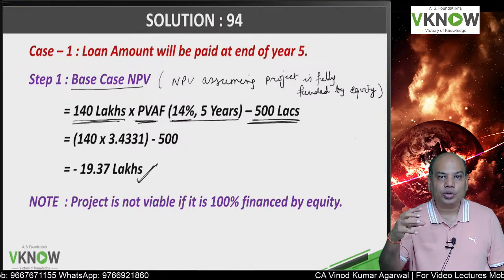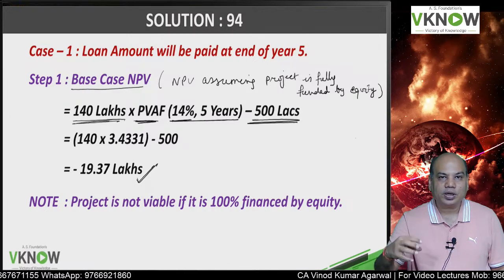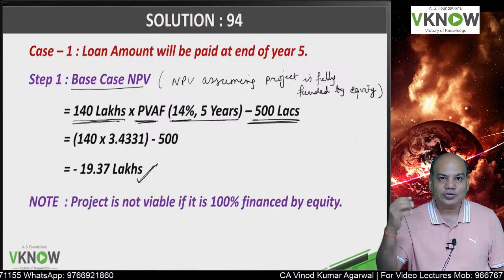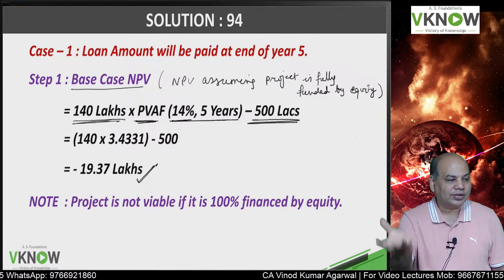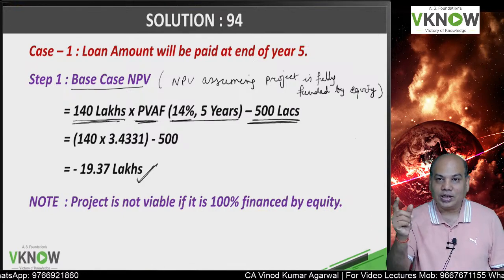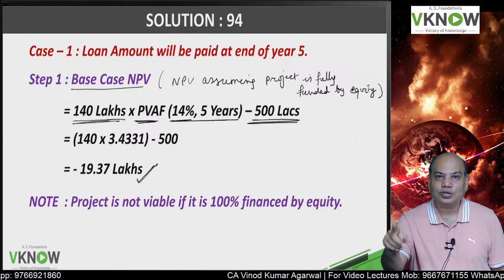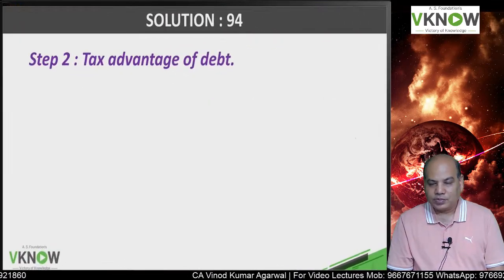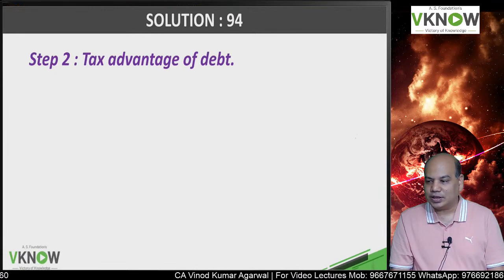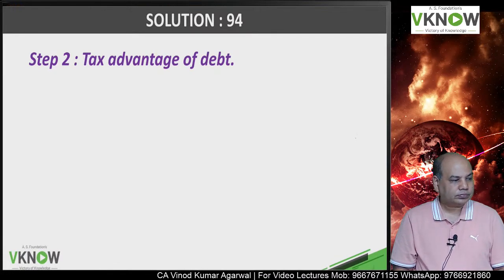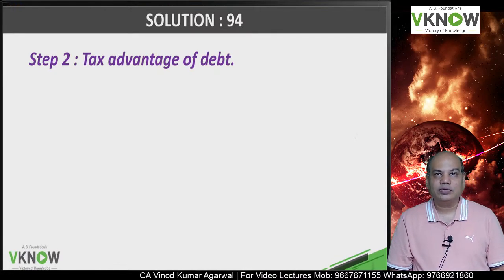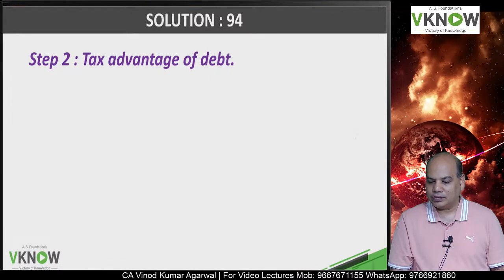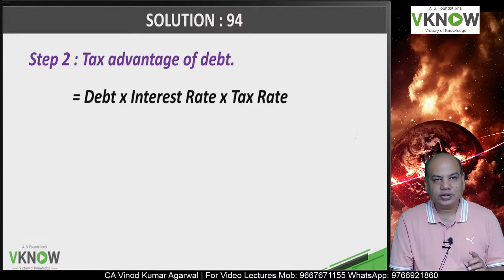Because on the borrowed part you'll pay interest, and on interest you'll get tax shield. Tax shield will increase your NPV, but let us see whether with tax shield also the project is viable or not. So step number 2, write down tax advantage of debt.